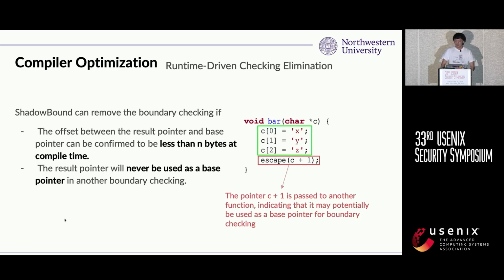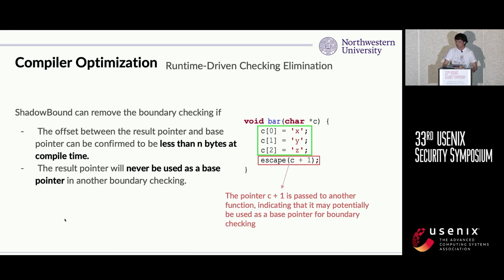First, ShadowBound can remove the boundary check if the offset between the result pointer and the base pointer is less than n bytes, which it can confirm at compile time, and the result pointer will never be used as a base pointer in another boundary check. This is an example. The pointer argument c generates 3 pointers, c0 to c2, always with offset less than 8.